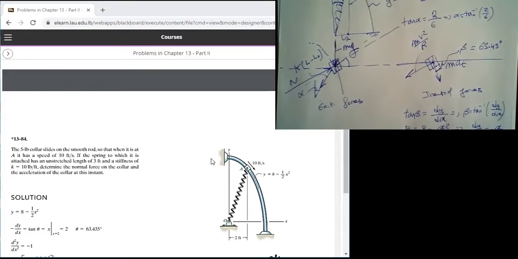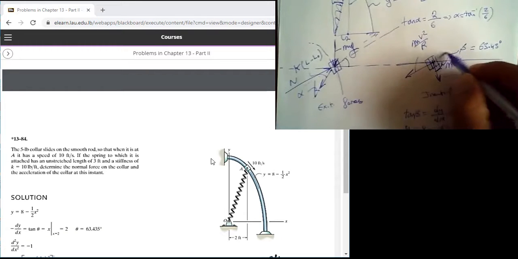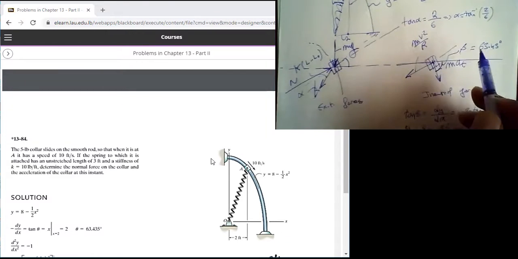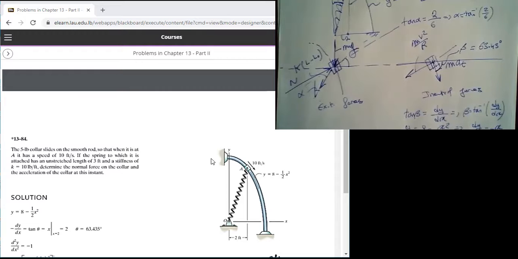90 minus the one that we got. Exactly. Why? Because you know this guy is beta, right? And then I know this guy here is gonna be 90 degrees, right? Okay. Can you get that number for me? 90 minus 63.43. 26.57.